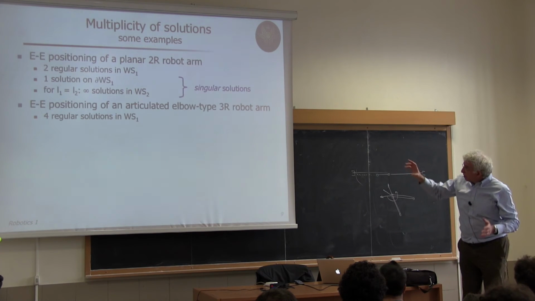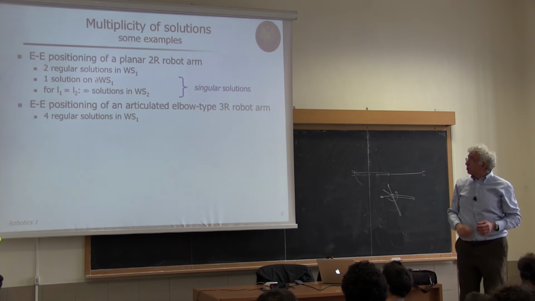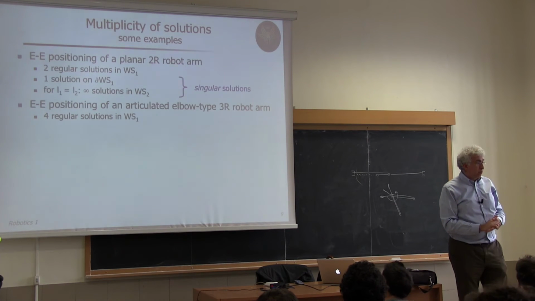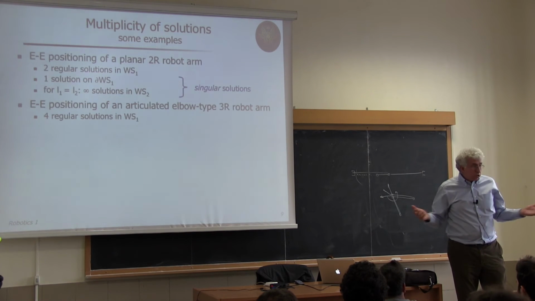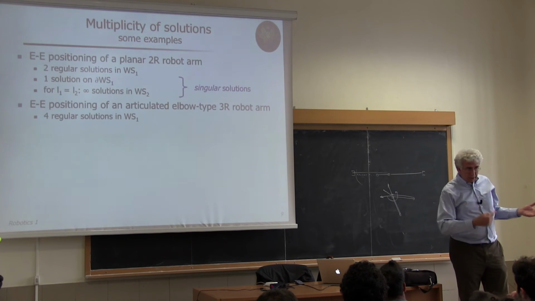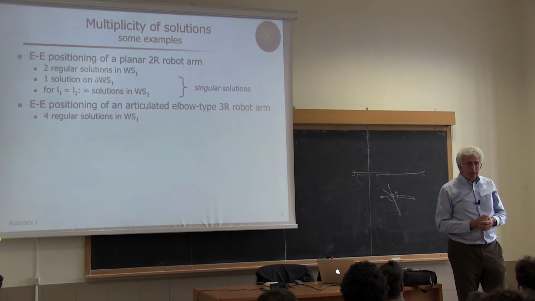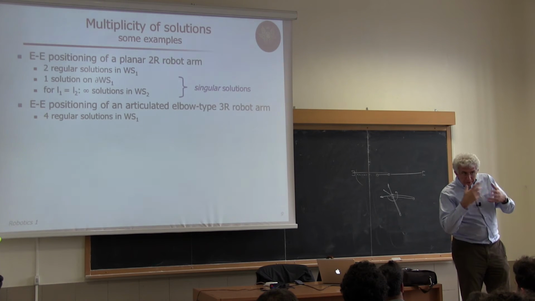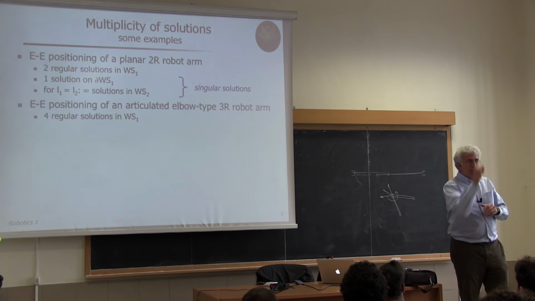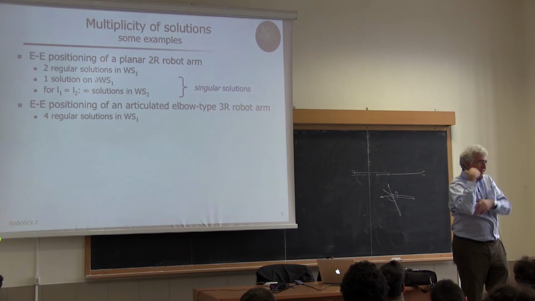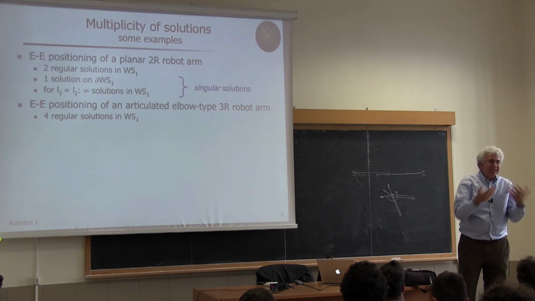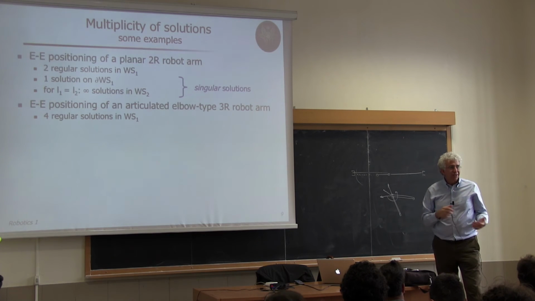So if I'm only interested in end effector position of an articulated elbow type arm, I may also have an infinite number of solutions. In this case, theta 1, okay? Then it could be twice, not infinite to the 2, but 2 infinite, because I could have elbow in one sense or the other for the third joint variable.